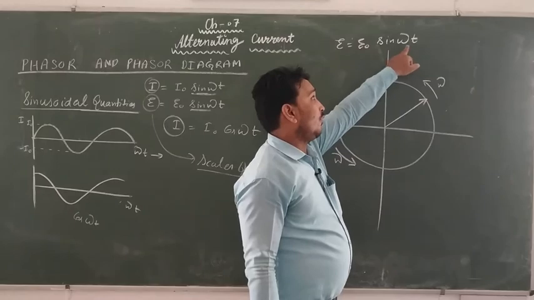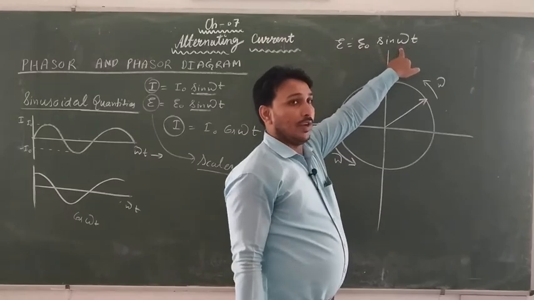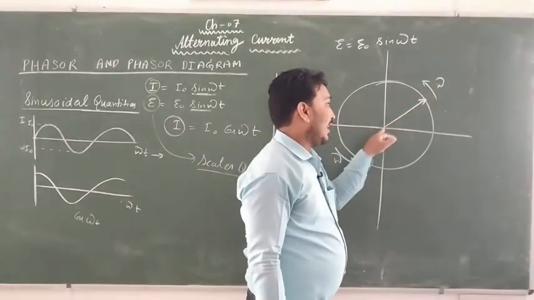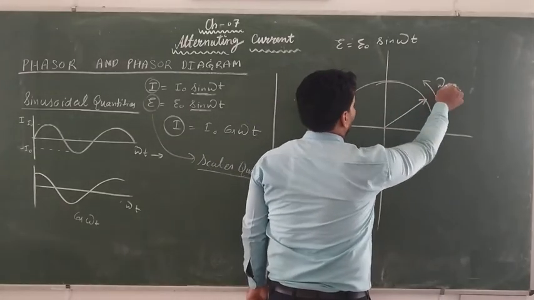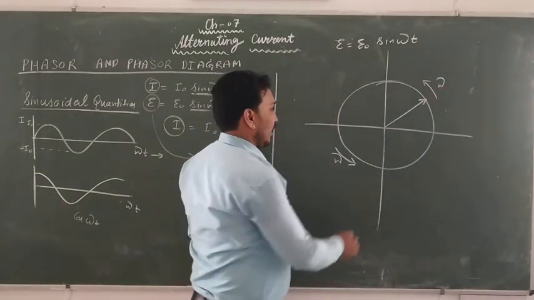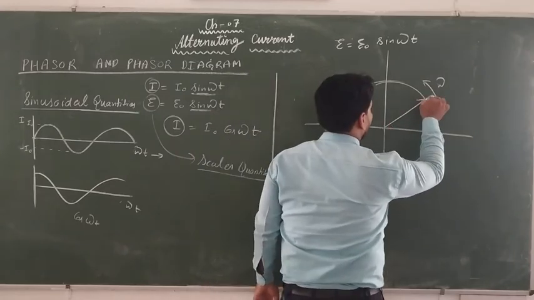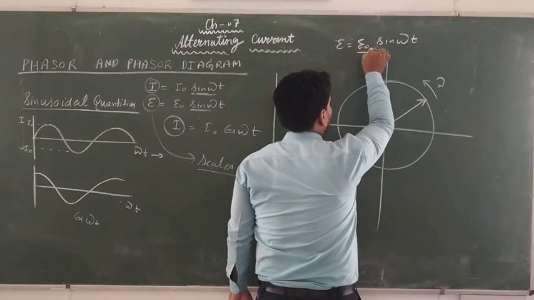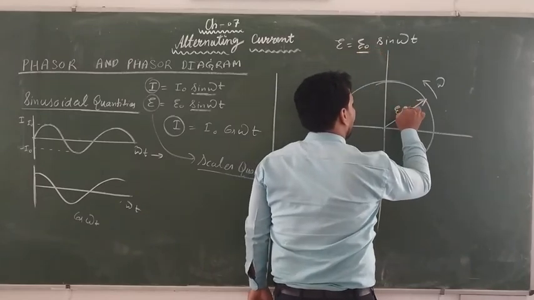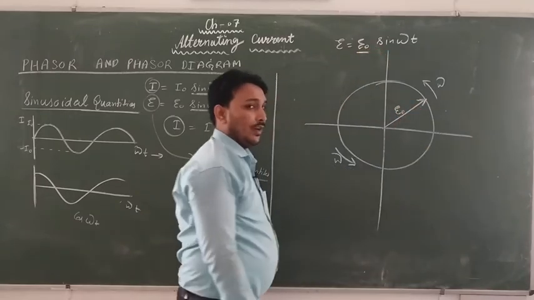Whatever is multiplied with t will be your angular velocity. So this rotating vector rotates with an angular velocity omega, right? The length of this arrow, which is the phasor, is actually E naught.